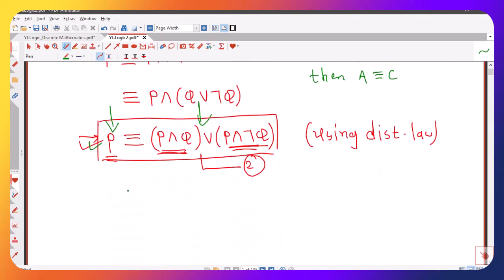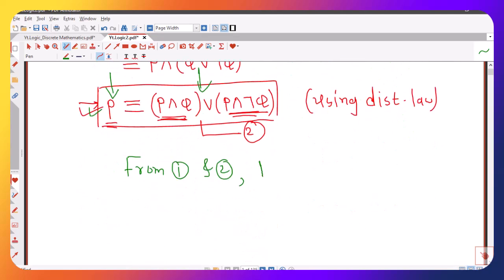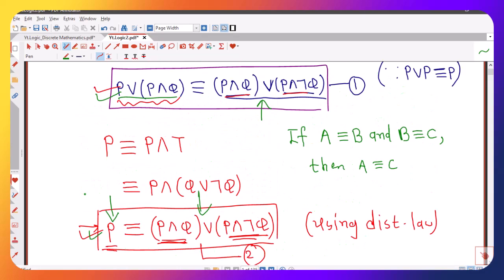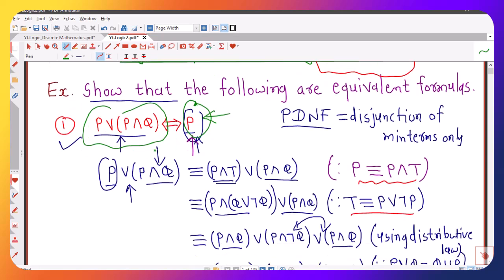So now we can write that from 1 and 2 we have P or P and Q is logically equivalent to capital P. So here we have not used a truth table, we have obtained the principal disjunctive normal form of both sides and we find them same, and therefore these two formulas are logically equivalent.